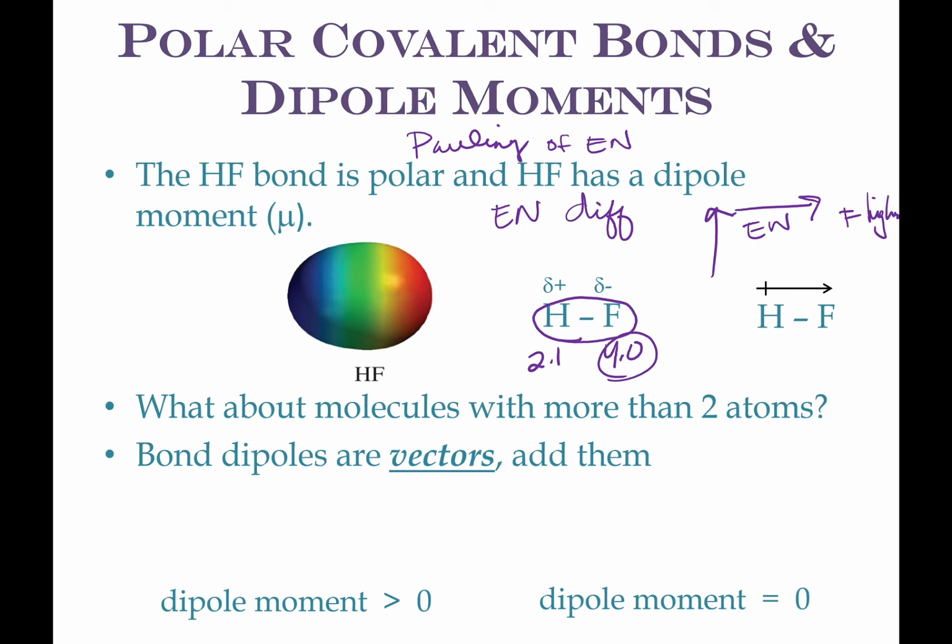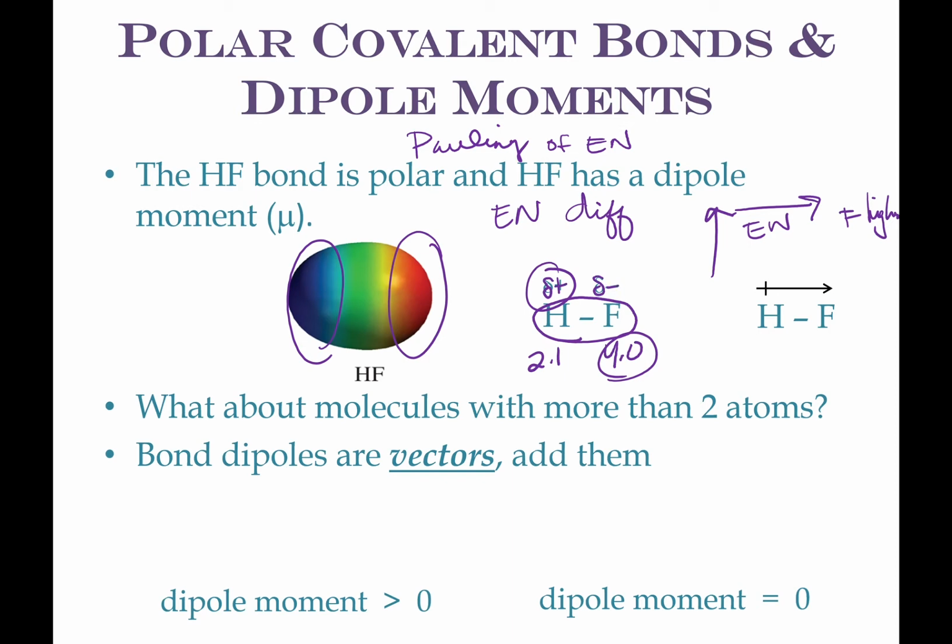So we see that this is red, meaning it has more electron density, and the hydrogen has the blue, it's cold, it doesn't have as much of the electron density as fluorine does, because fluorine's the bully, it pulls the electrons towards itself. So we see this little funky looking symbol here, which is actually a Greek lowercase d for delta, and this is delta minus.